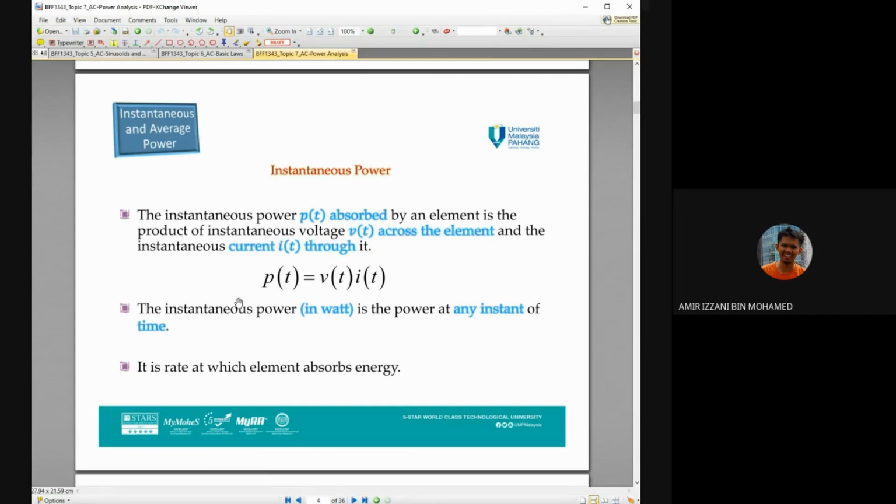So p equals vi, and of course, it is in watts. It is the rate at which elements absorb the energy.